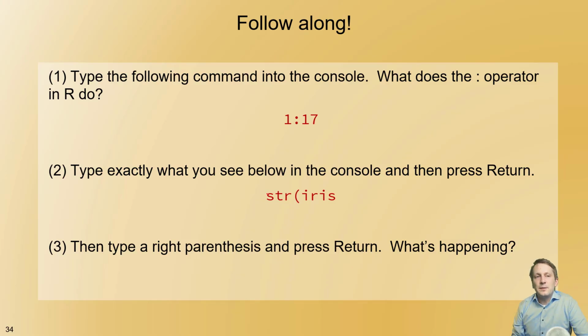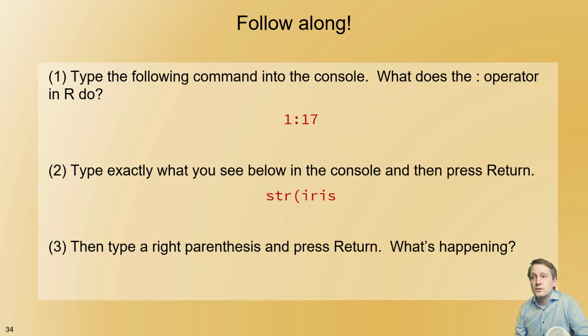Right, time for the first more interactive element here. It's a good idea after this instruction to pause the video, replicate that, and see if you can get the right answer. Then you get back to the video to see if you got the right answer. So type the following command into the console: 1:17.